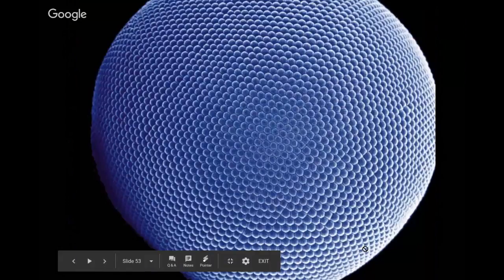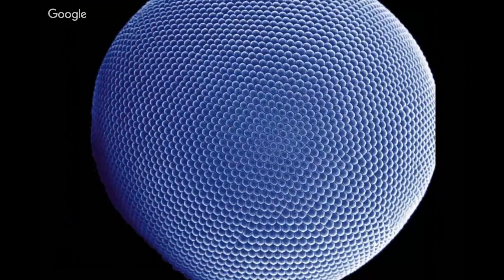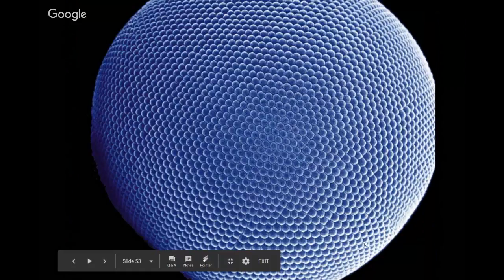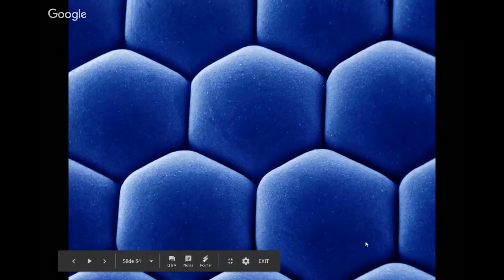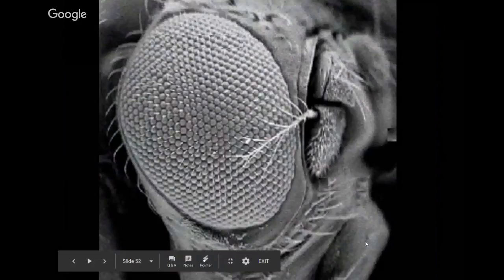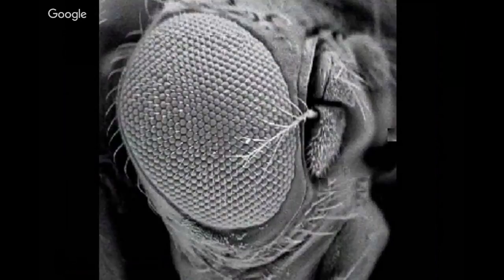If you take a bunch of circles and put them on another bigger circle, and you crowd them in like happens here... Oh, I missed something. First of all, insect eyes are made that way. Do you see how there's a bunch of little spheres making up that eyeball?